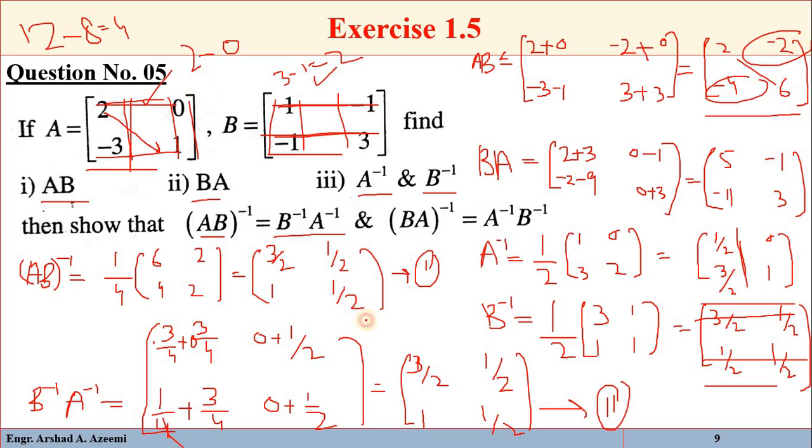Now you can see that matrix 1 is equal to matrix 2. Okay, so it is true that AB whole inverse is equal to B inverse multiplied by A inverse. Okay, similarly, if you find out the inverse of BA, inverse of this matrix, it will be equal to the product of A inverse with B inverse.